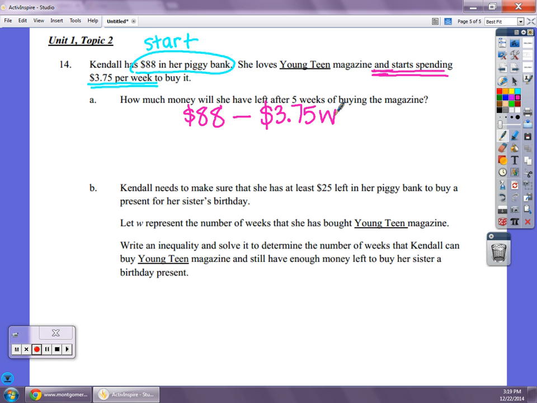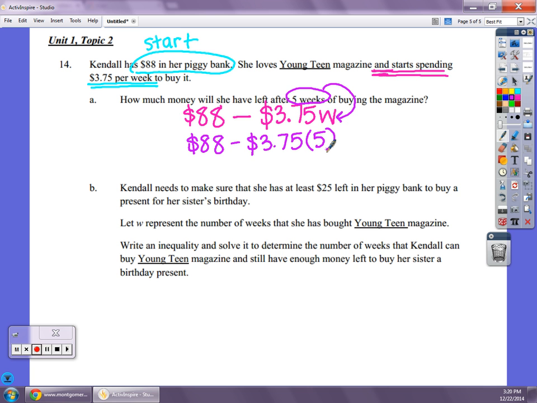And we want to know how much she's going to have after 5 weeks. So we're going to go ahead and substitute 5 weeks into our expression. 88 minus $3.75. I'm going to use parentheses to show that I'm substituting that 5 into our expression.